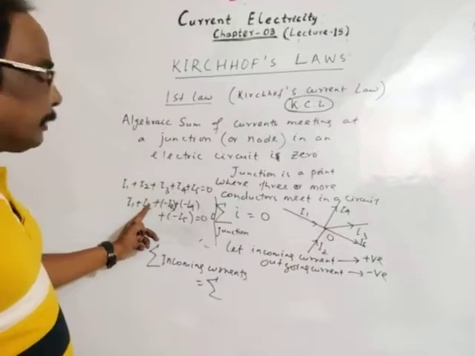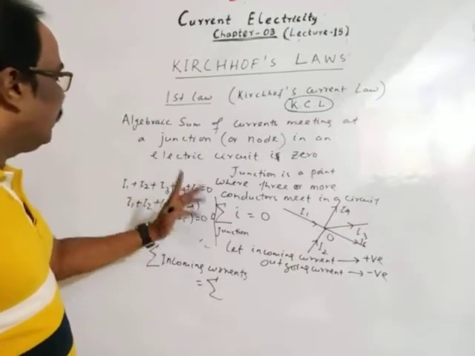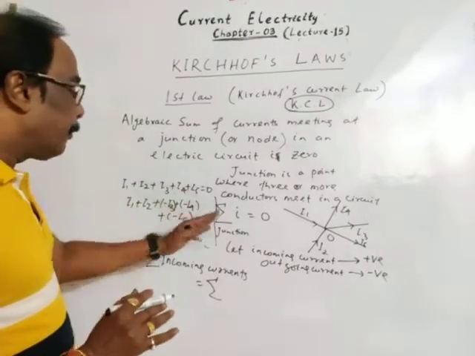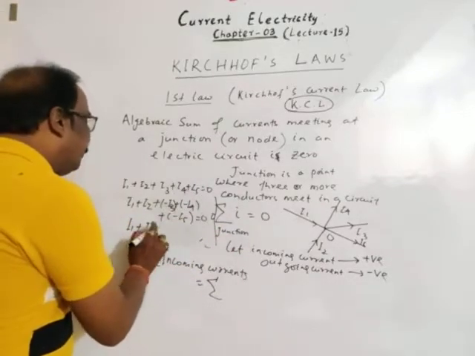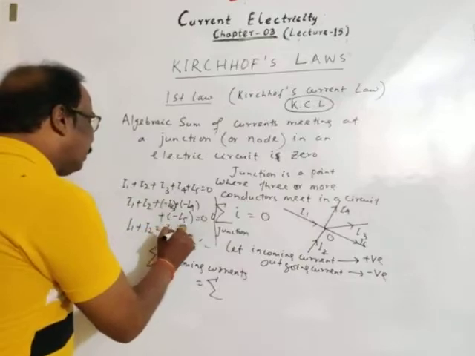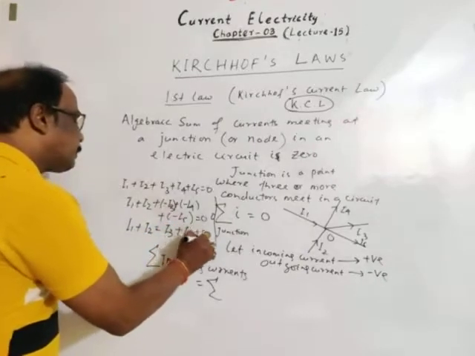Incoming currents we take positive, outgoing currents negative according to sign convention. So we may write I1 plus I2 is equal to I3 plus I4 plus I5.